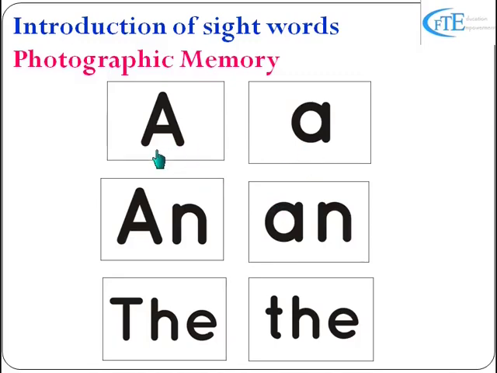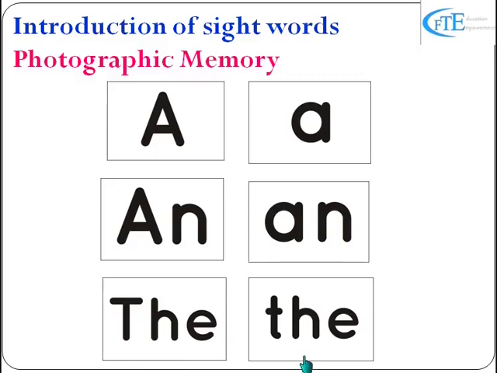Now remember, here is a word which means one. A cat. A book, which means one cat, one book. An. The.